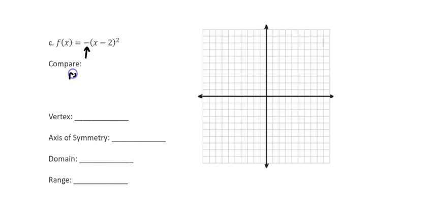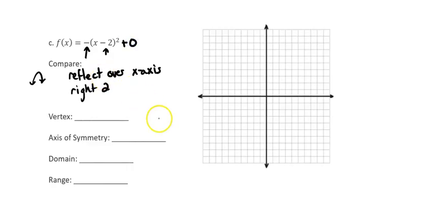So on this one, this is reflect over x-axis. So that tells me it will open down. This is right 2. And since there is no number out here, it basically did not go up or down any. So it went right 2, and then it did not go up or down any. So it's at the vertex of 2, 0.